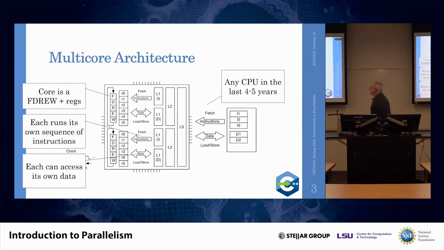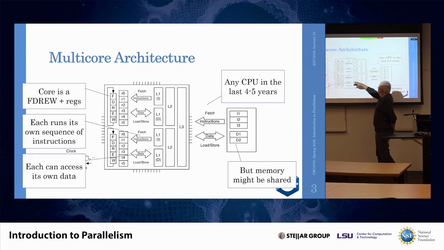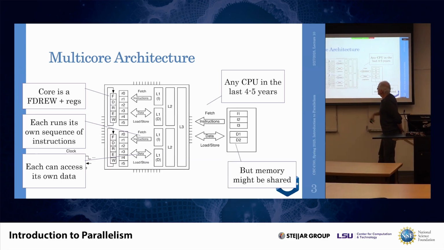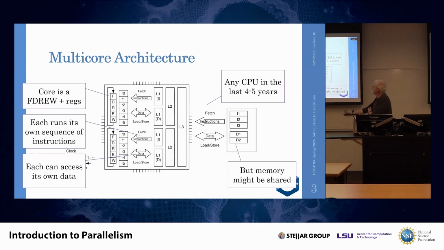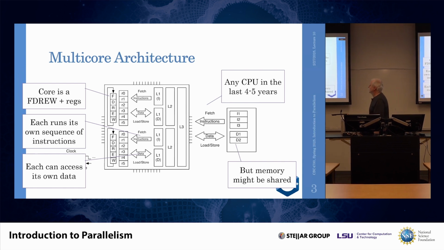Each of those accesses its own data, has its own memory hierarchy, its own level 1 caches, possibly shared level 2 caches between cores, and level 3 caches, if they are available, are most of the time shared as well.